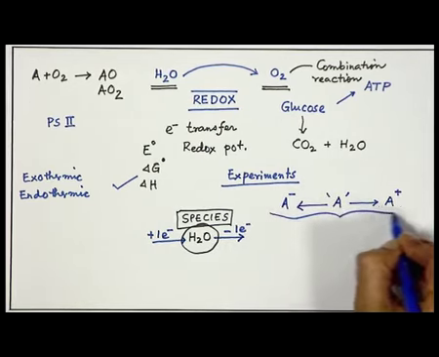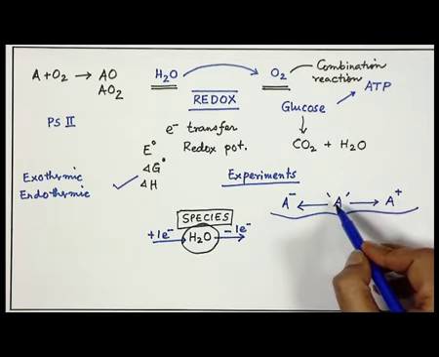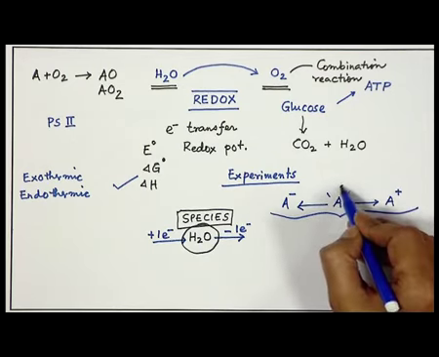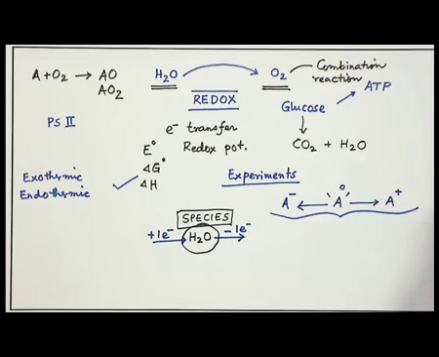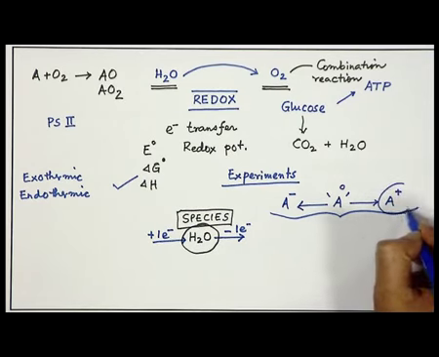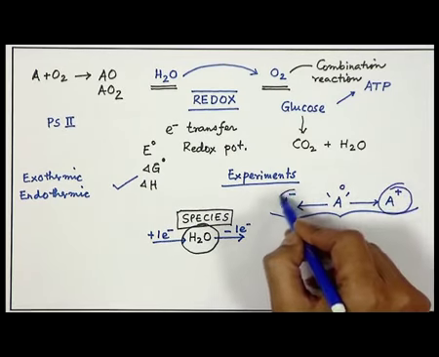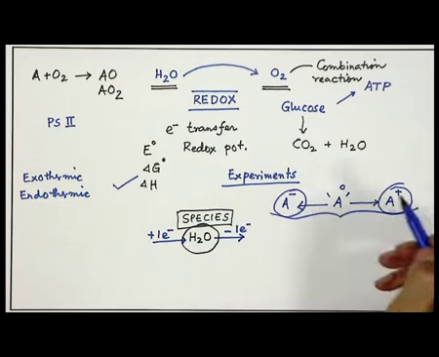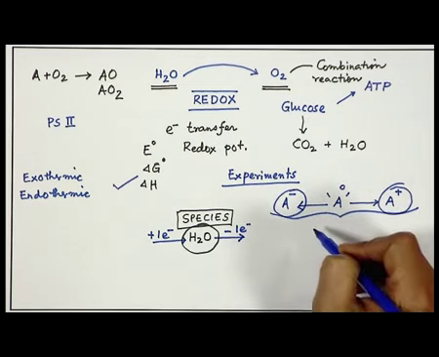Basically, the availability of these species, the A which is in the 0 state, or the native or elemental state, or its corresponding cationic version or its corresponding anionic version. So, that is very important.